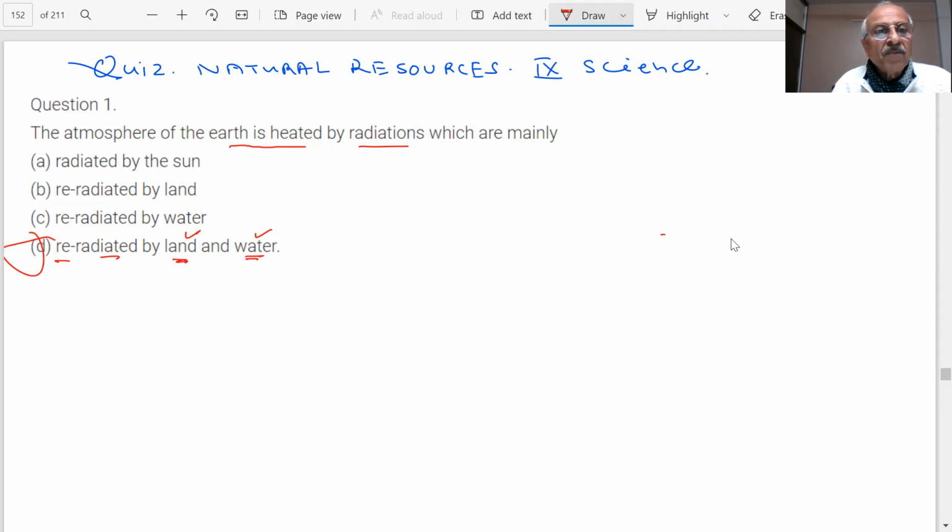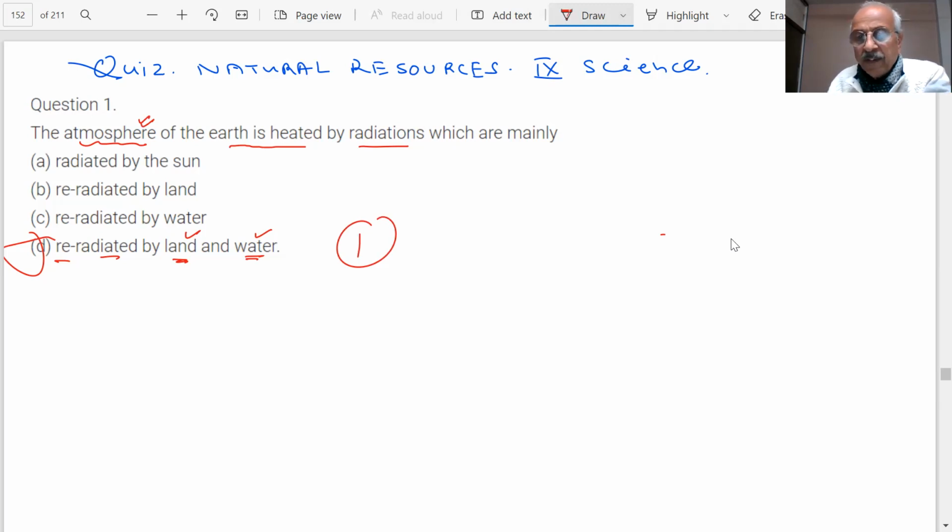And then after the sun sets, there is a re-radiation by the land and the water. What is the result of this? The atmosphere of the earth, because what we are talking about is the atmosphere of the earth, is heated. This is the correct option from all these, and students get 1 full mark for that.